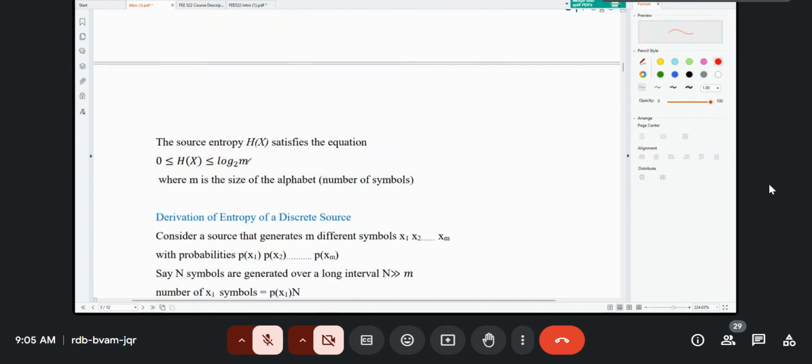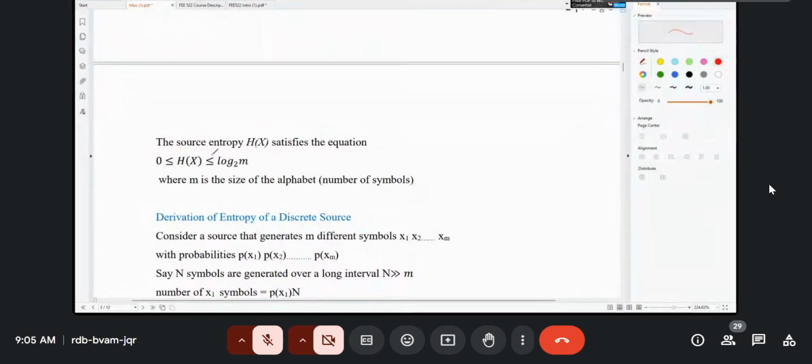So the source entropy H(X) satisfies this equation. We are saying H(X) will never be greater than log2 M. So if you have 8 symbols, it means the entropy will be at most log2 of 8, which is 3. This is very important to know, because you may have calculations on entropy.